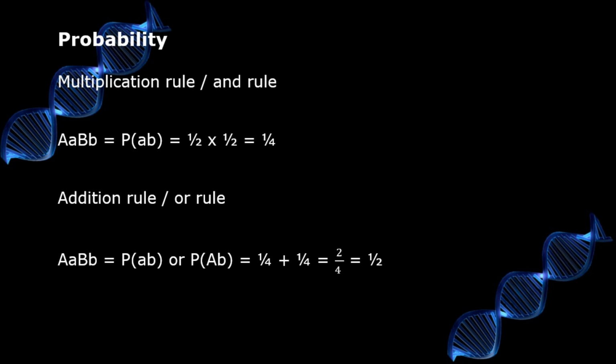And in this condition, capital A, here only one capital A, so again 1 by 2, and small b, only one small b, again 1 by 2, multiply, then we get 1 by 4. So we want to add both 1 by 4, so we will get 2 by 4, and that is equal to half. So here the result will be half.